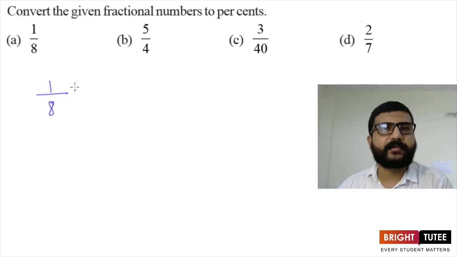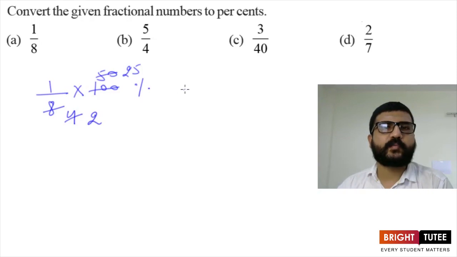So it will be 1 upon 8 into 100%. Now by simplifying this, we will get 25 upon 2%. And we can write this as 12.5%.